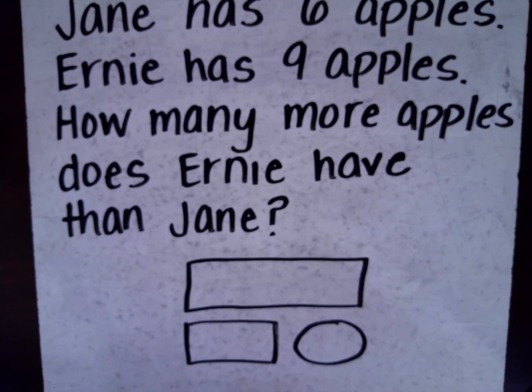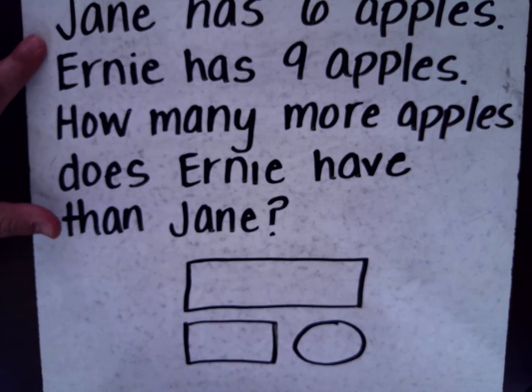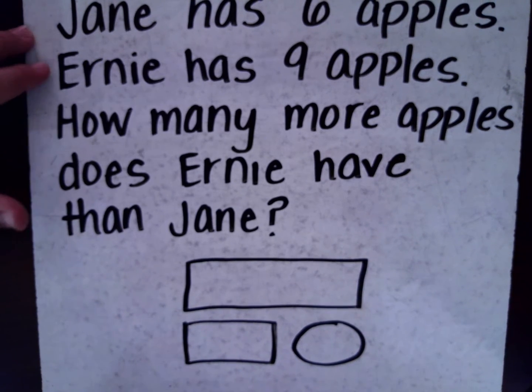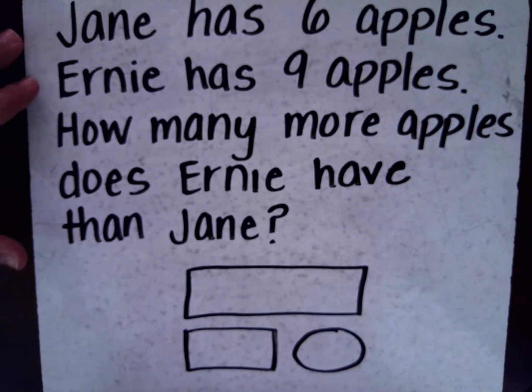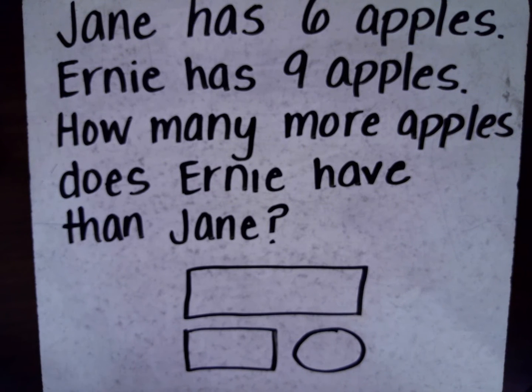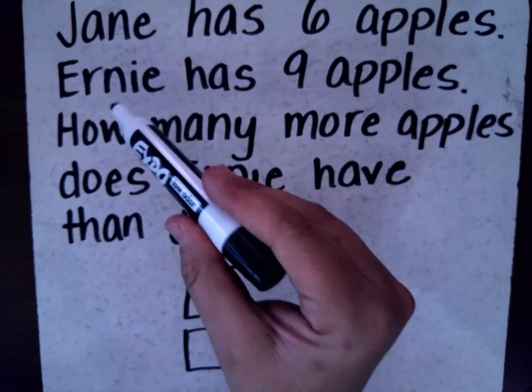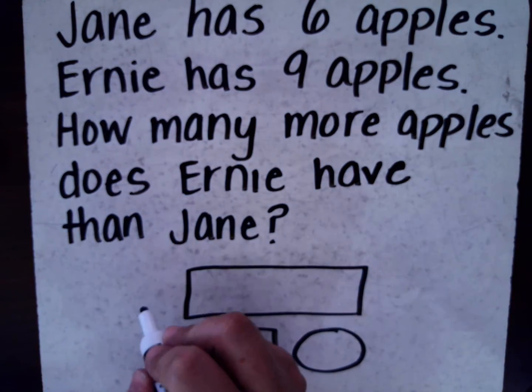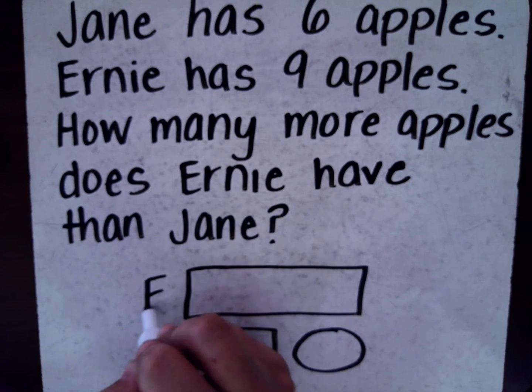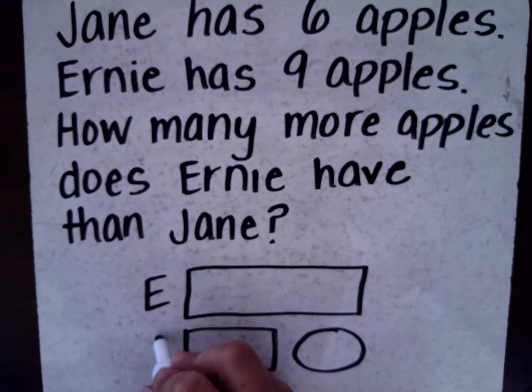Then what you're going to do is you're going to label them with the person's names. So we have Jane and Ernie, so we're going to use a J and an E. And whoever has more goes on top. So we determined earlier that Ernie has more. He has 9. So I'm going to put an E up here for Ernie and a J right here for Jane.